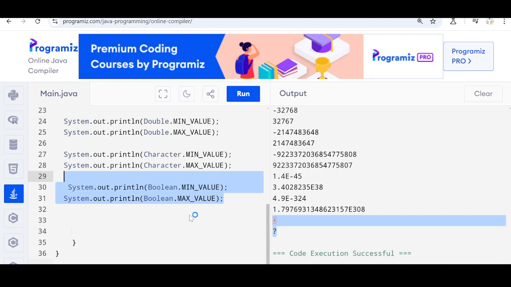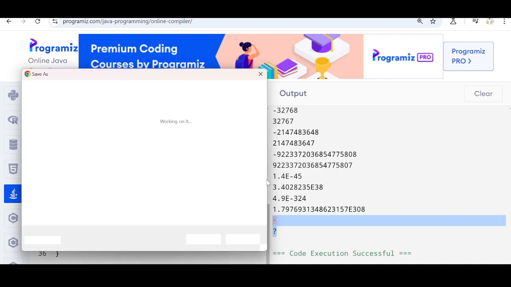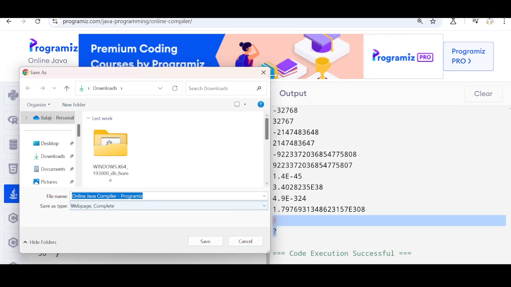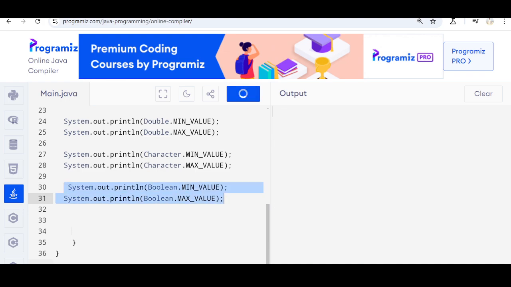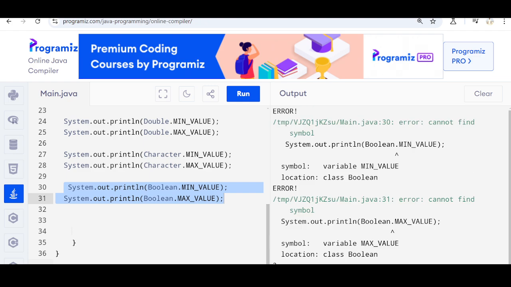True, false. So when you have a data type that is storing only true or false, it means that there is no such thing like the minimum value and the maximum value. If I try to do this, you will get an error because there is no concept of min value and no concept of max value for the Boolean data type.